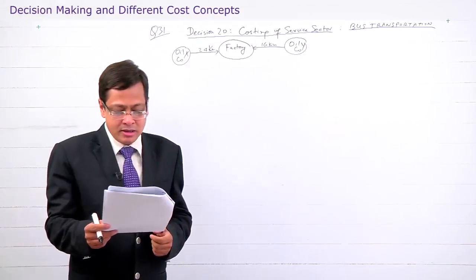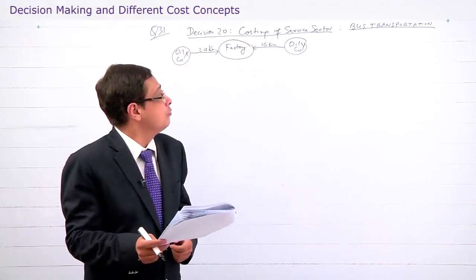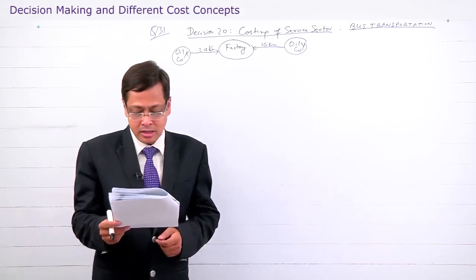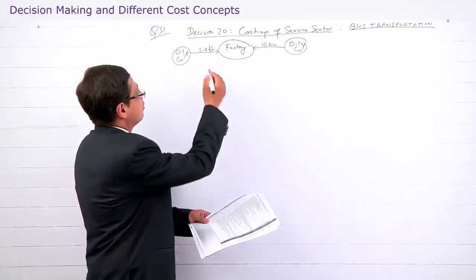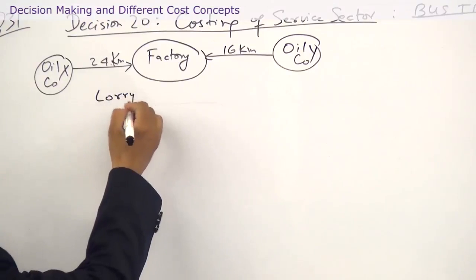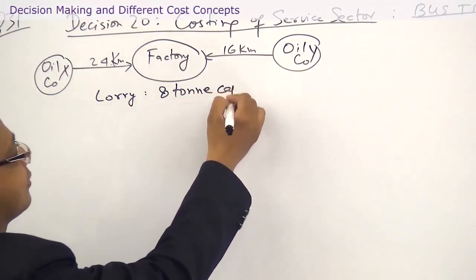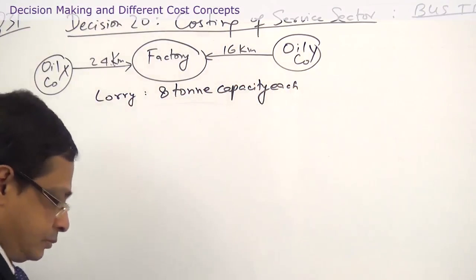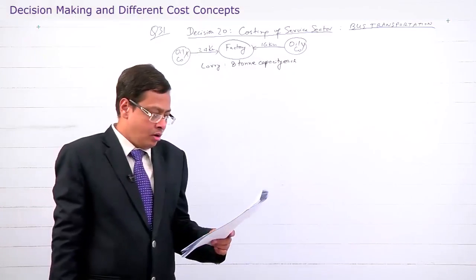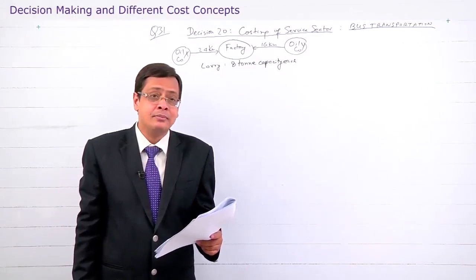Transportation of furnace oil is made by the company's own tank lorries. So, it is a lorry of 8-ton capacity each. Onward trips are made only with full load and lorries run empty on return.